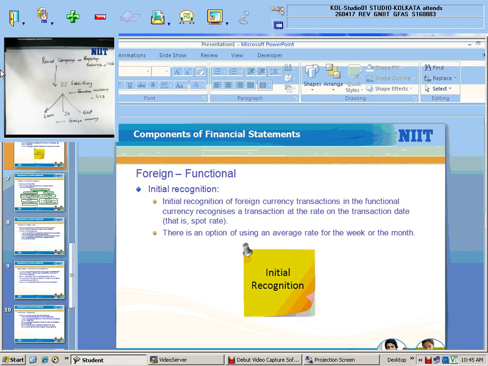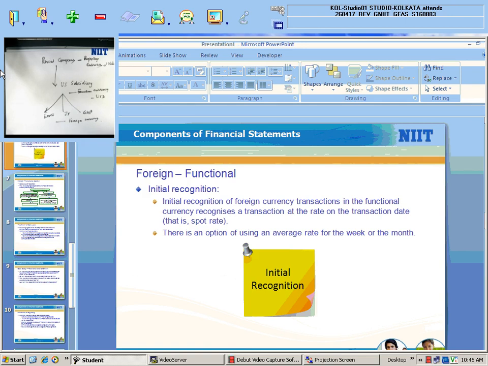So if on 25th of April the purchase is made, US dollar 100,000 is the value of the invoice of that server, then it has to be recognized as a purchase. Purchase account will be debited with the equivalent Indian rupee, applying the spot exchange rate on the day of transaction. That is 25th of April.